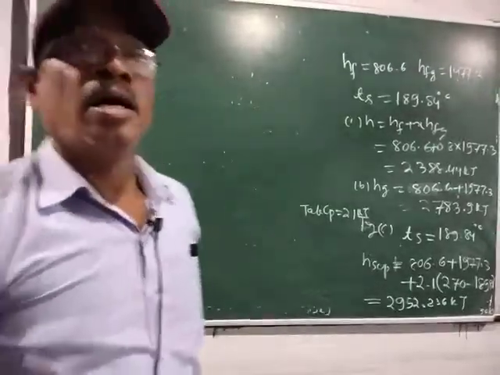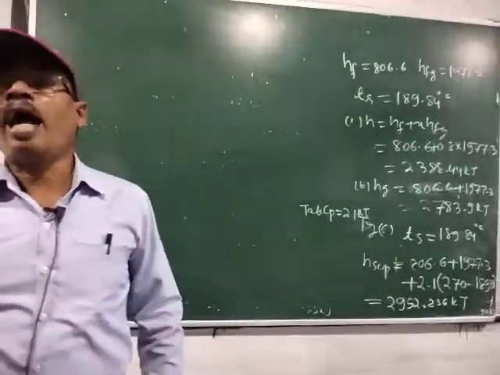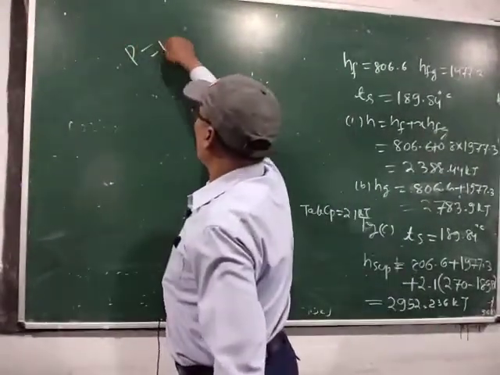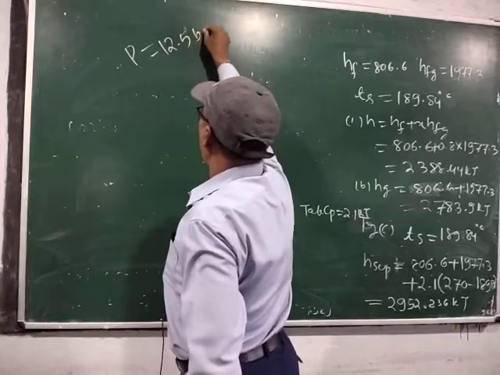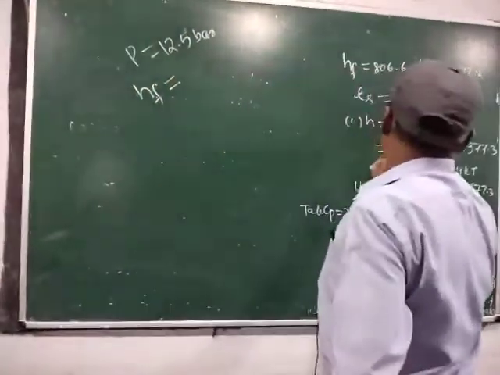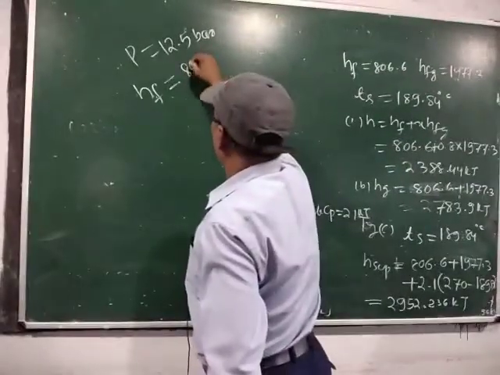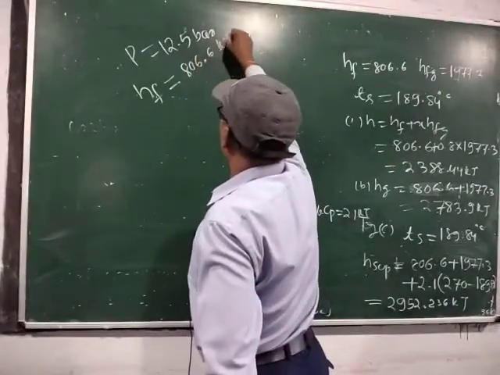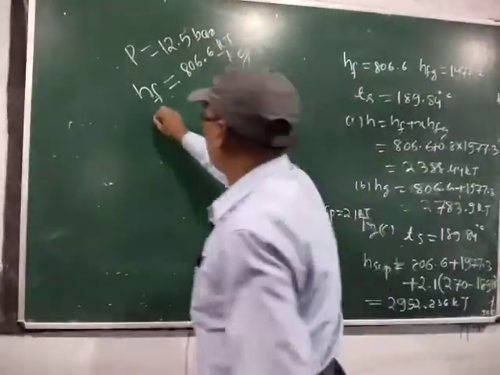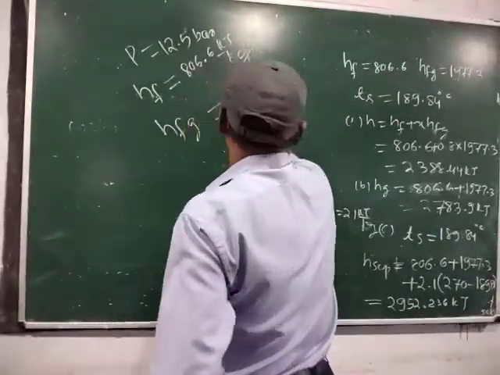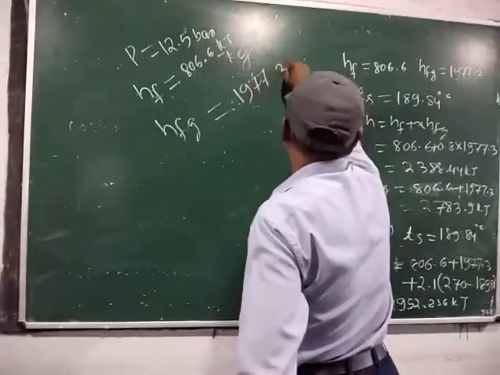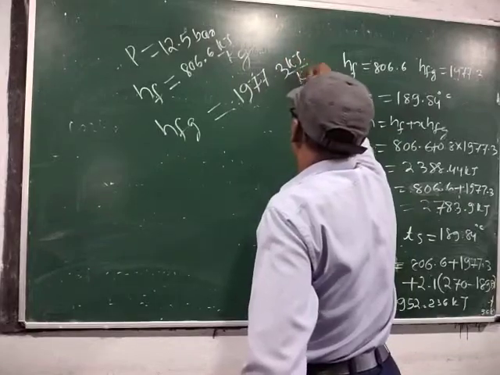From steam table at pressure 12.5 bar, HF is equal to 806.6 kilojoule per kg. HFG is equal to 1977.3 kilojoule per kg.